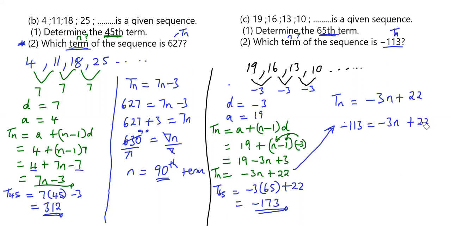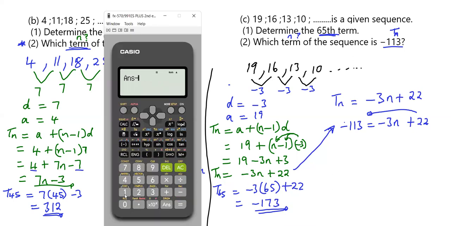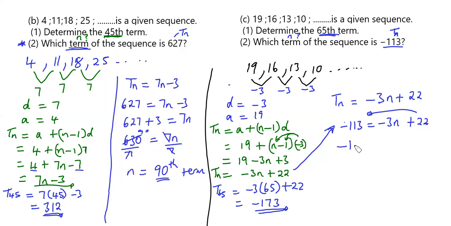Then we take the 22 to that side. When you take the 22 to that side, it's going to be negative 113 minus 22. What do we get? Negative 135. So negative 135 is equal to negative 3n. Then we divide by negative 3, because when I get rid of negative 3 there, it cancels.